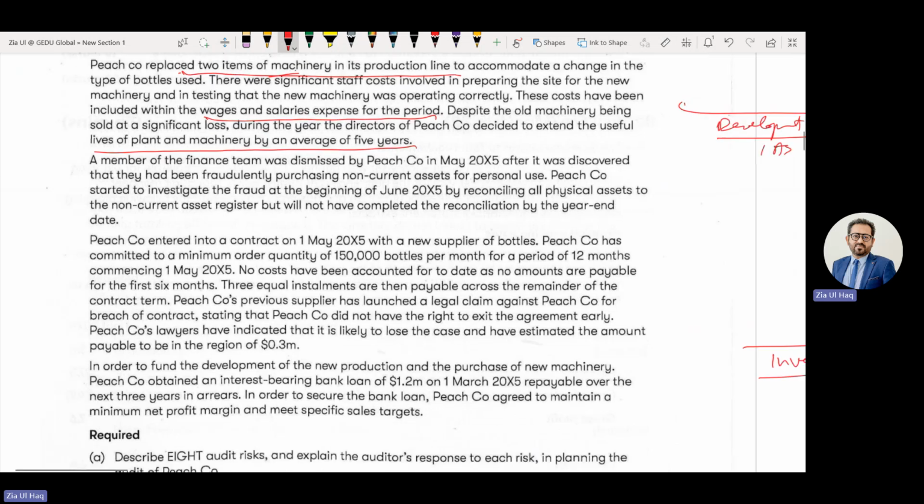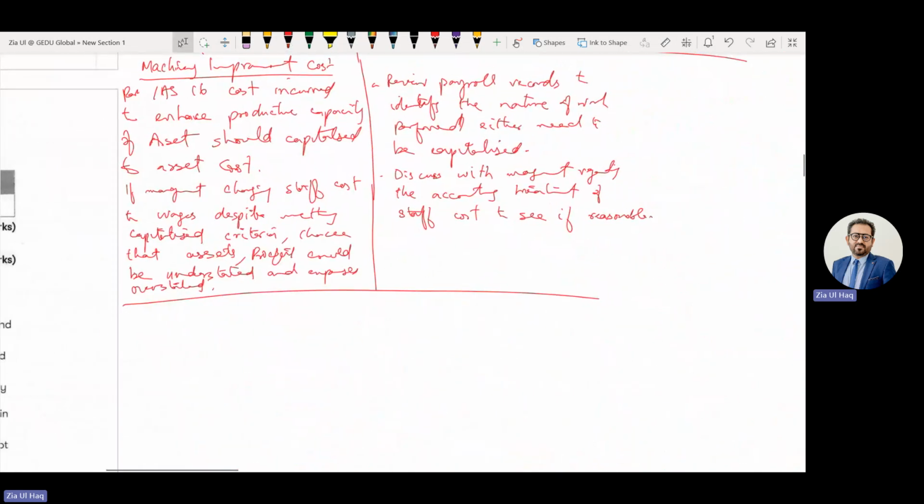So we can put down as a heading, useful life of asset, that they have increased to 5 years or more. And there are indications from previous disposal, they sold the asset at loss due to this increase in useful life of asset.